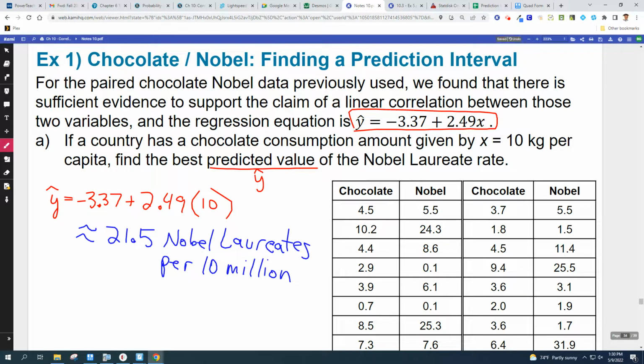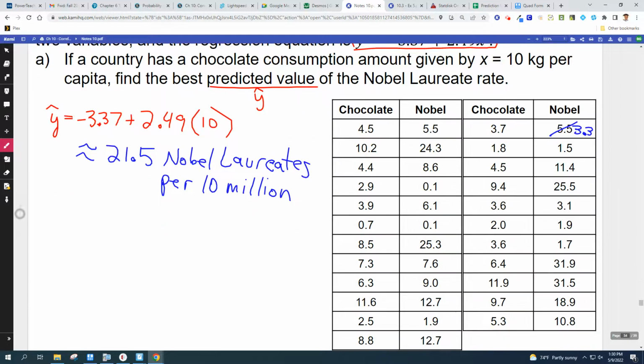So we're finding the predicted value, plug in 10. I do want to remind you in these numbers, that number right there is supposed to be 3.3, not 5.5, so you might want to fix that in case you had to type that in. Okay, so that's kind of an easy question. Find the predicted value, plug in 10.